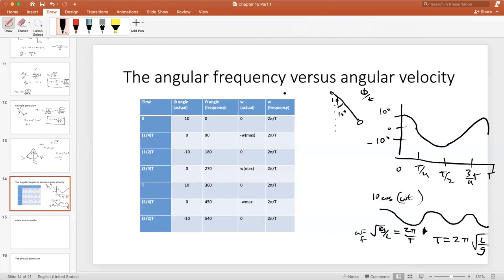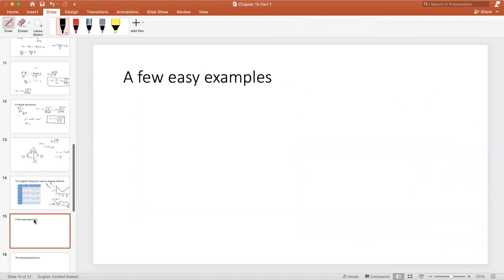It's constantly changing. It looks like you should be able to get information of one from the other, and probably you might be able to figure out some relationship between the two. But just know that they're not the same. They're not the same omega. That's all I want.